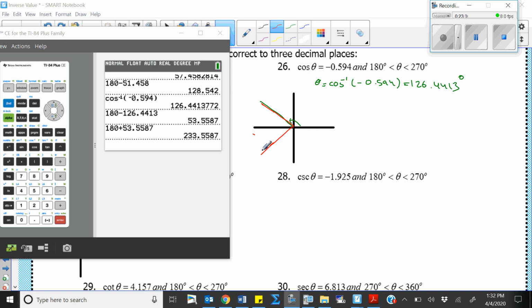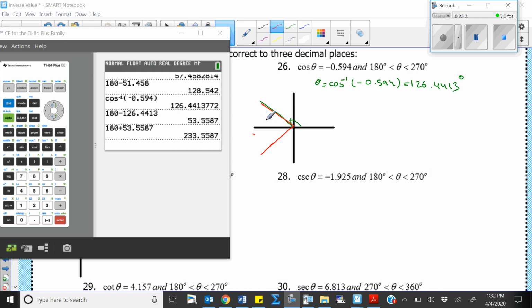So how do I find this? The first thing I'm going to do is find this reference angle over here. How do I find that? I'm going to subtract 126.4413 from 180. So I did it here, 180 minus 126 point something is equal to 53.5587.